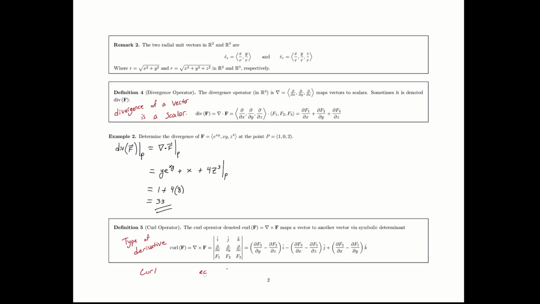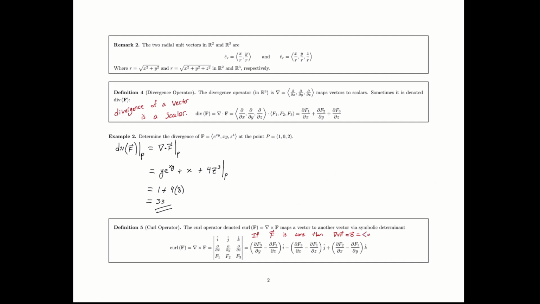Let's go ahead and erase some of this so we can talk a little bit. The claim is, if this vector field F is conservative, then the curl of F, which is this vector, must be the 0 vector.